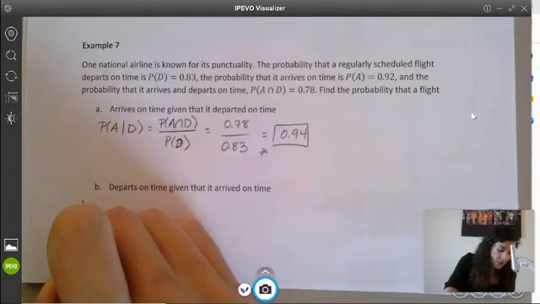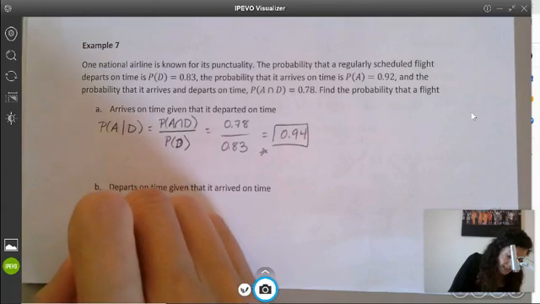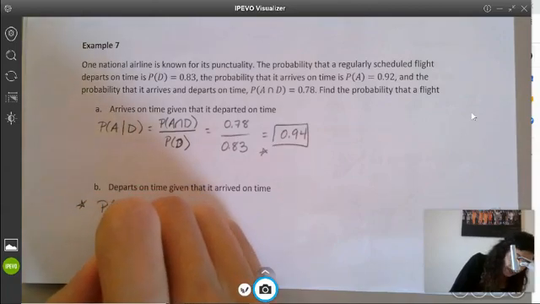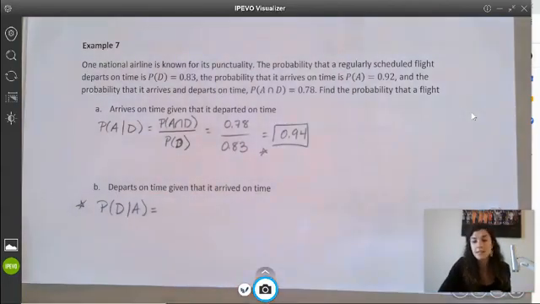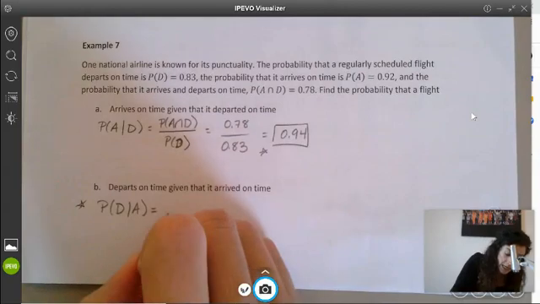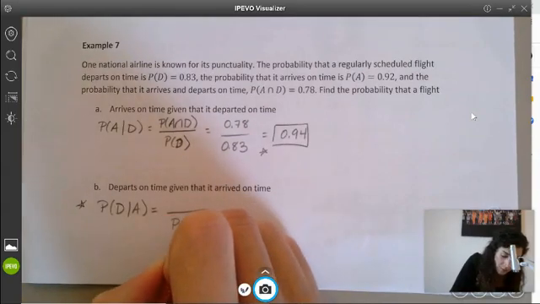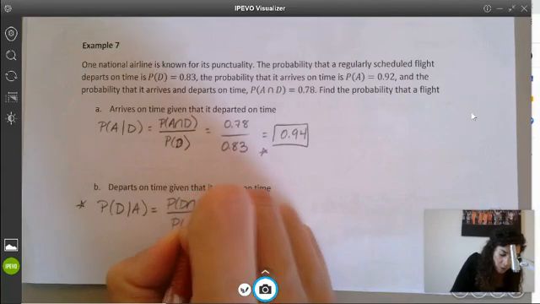Go ahead and do this last one on your own. We want to know the probability that it departs on time given that it arrived on time. From our previous example on the last page, we realized that these are going to be different numbers because we're changing what we're focusing on. Now we're only looking at flights that have arrived on time, and then how many of those also departed on time.